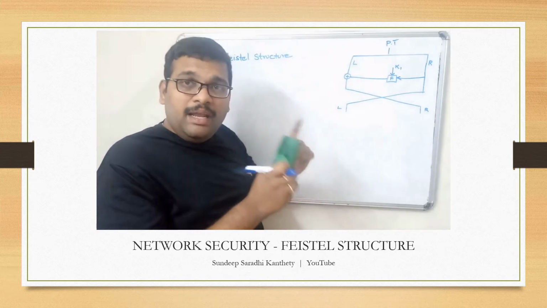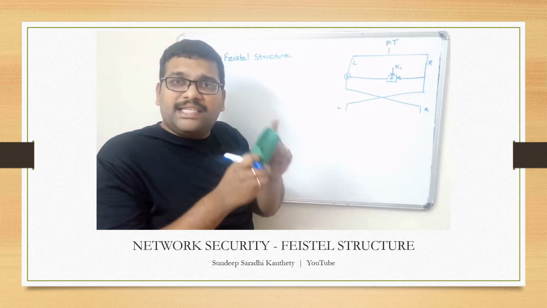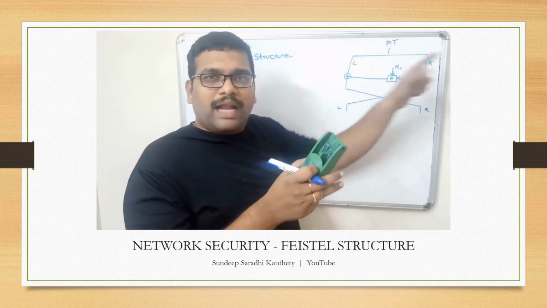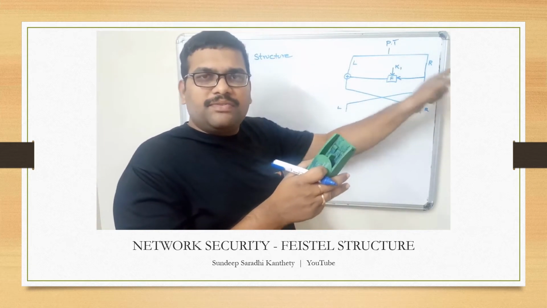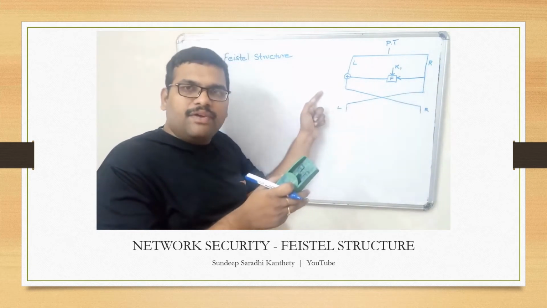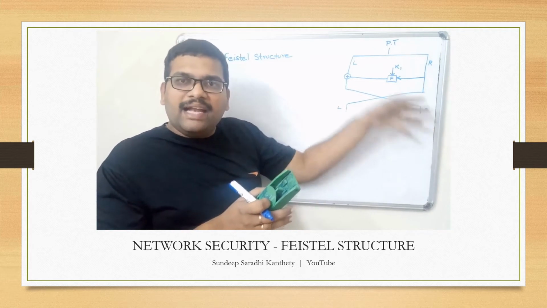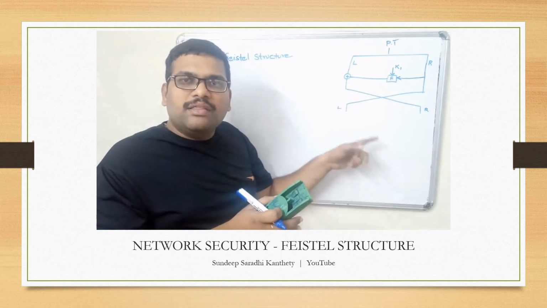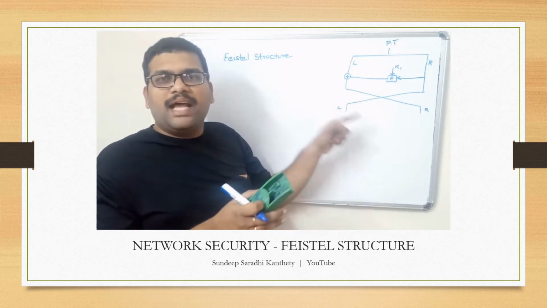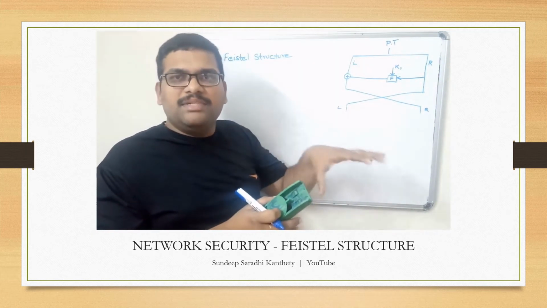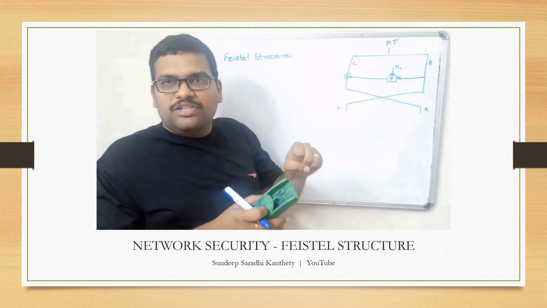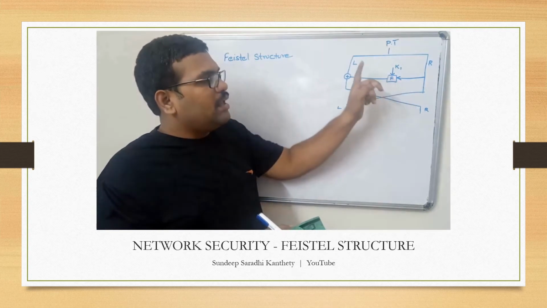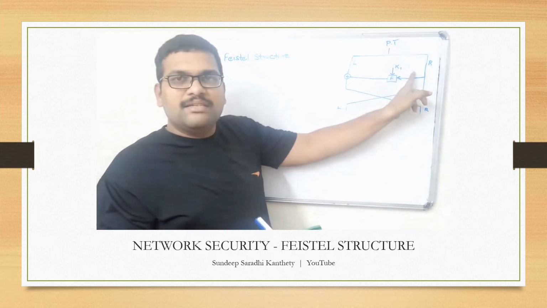That means any plain text in any algorithm, if the plain text is divided into two halves and the function is applied on the right half, and the result of this function is XORed with the left half, and next swapping is there, and this process is continuously repeated in a number of rounds, then we call that algorithm a Feistel structure. Here the security mainly depends on the functions, the number of rounds, and the number of keys.